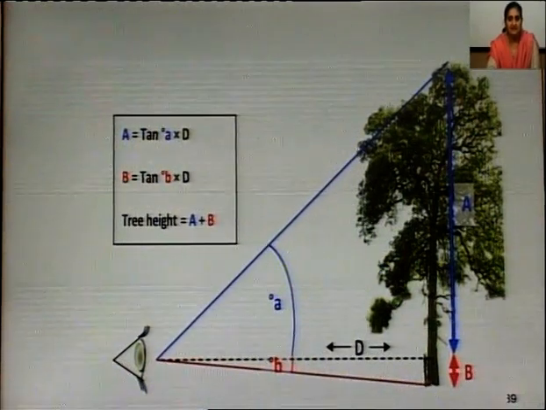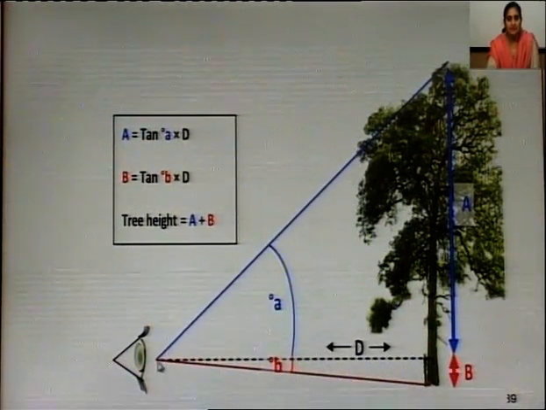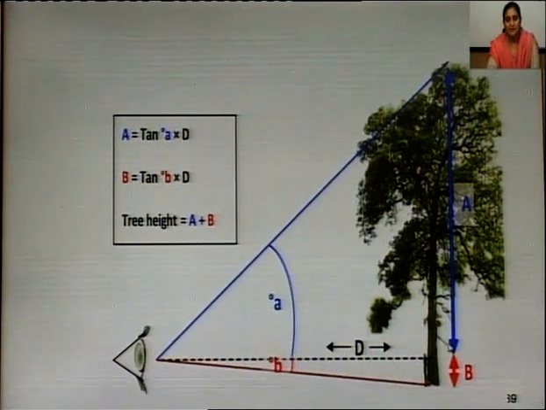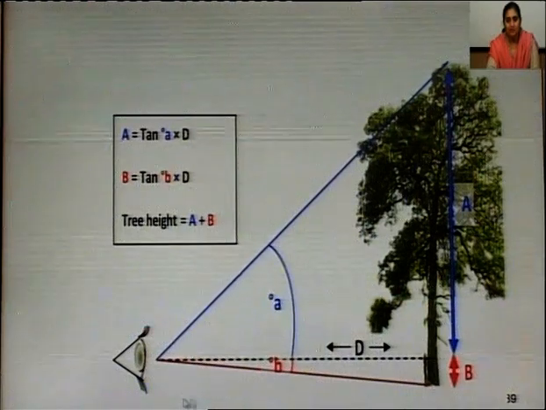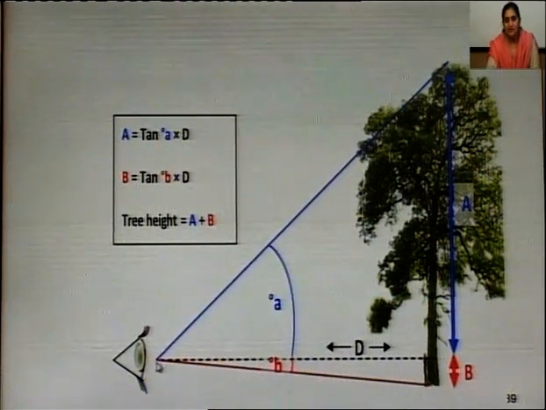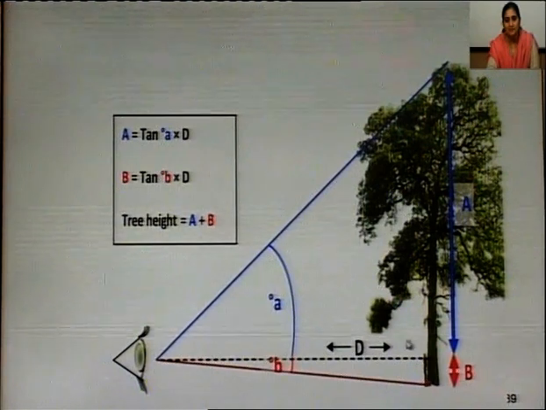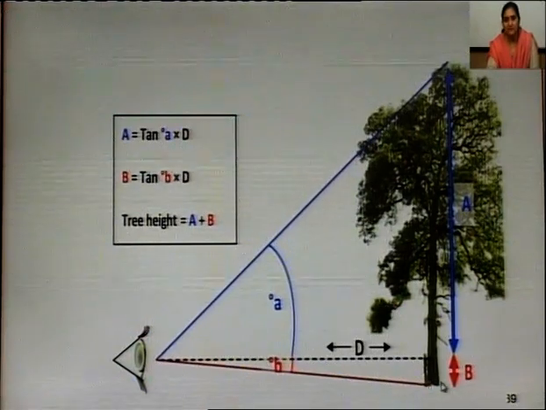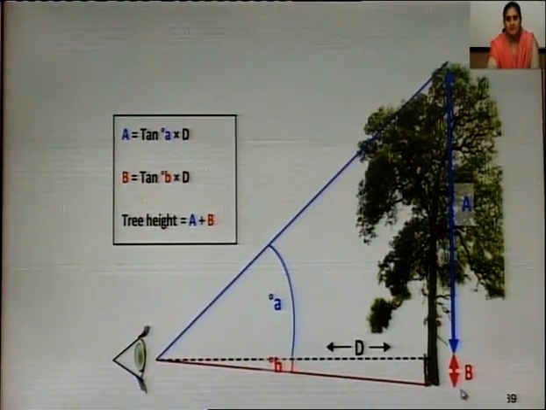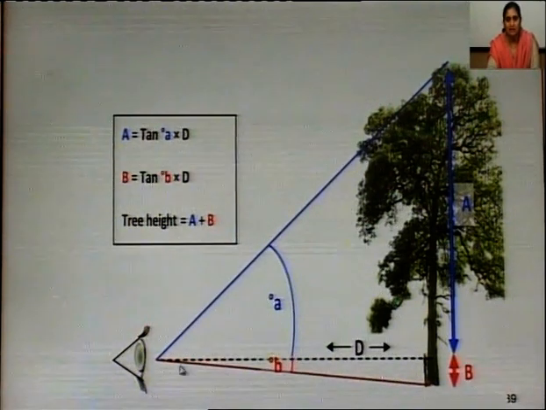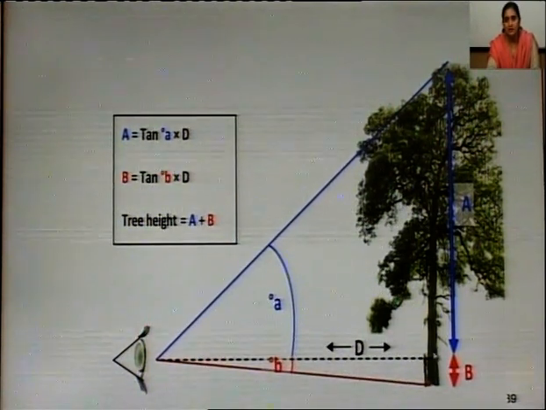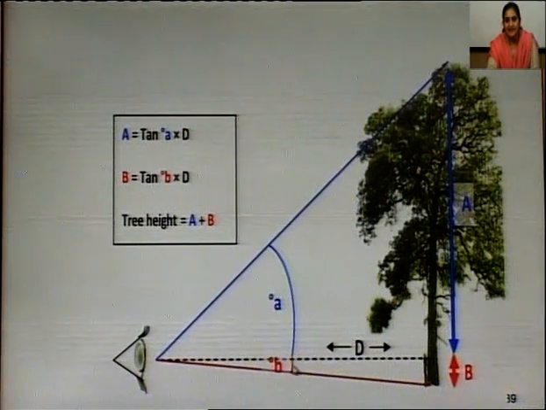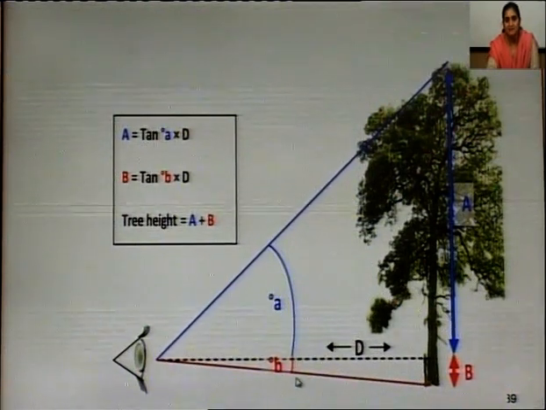Again, look at this tree, this is the eyes of the observer, but the height of the tree is a little down from the eyes of the observer. The horizontal line from the eyes meets the tree at this point. So if we want to find the height of this tree, that is equal to A plus B, we take the help of these two triangles, first where the angle is A degree, and second a right angle triangle where the angle is B degree.